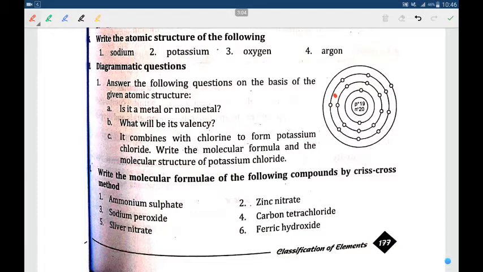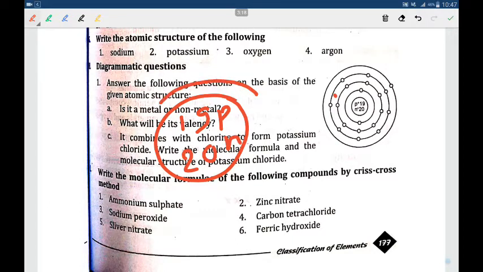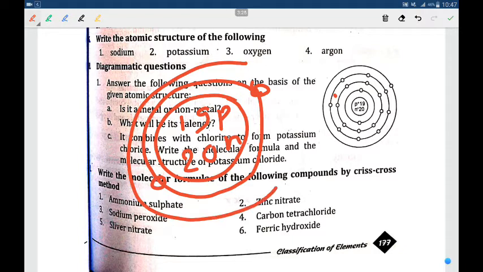Now students, I am going to guide potassium. For potassium, nucleus: potassium means atomic number 19. Proton 19, 20 neutron. First orbit 1, 2 electrons. Second orbit 1, 2, 3, 4, 5, 6, 7, 8 electrons.